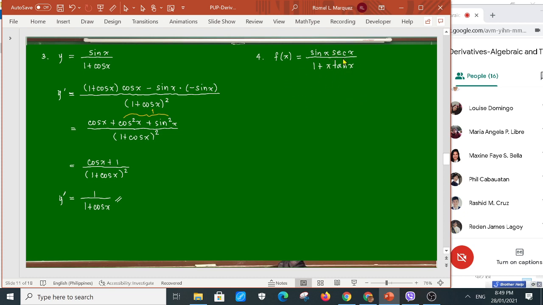If you have sharp eyes, look at the numerator. What is secant x equal to, Rashid? 1 over cosine x.